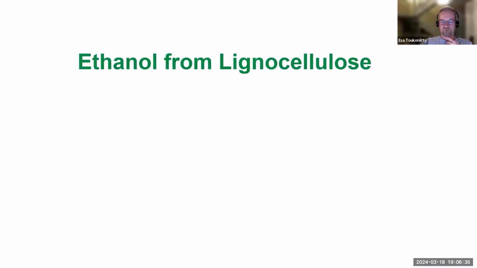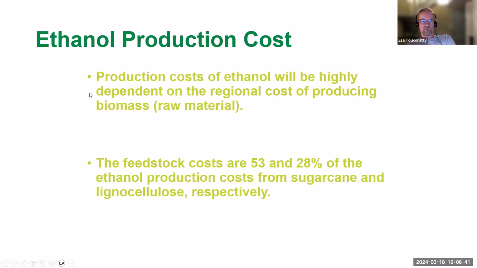A few more slides regarding the ethanol process. Something about the cost. Production cost will understandably depend a lot on the cost of producing the biomass and the different steps of that process.